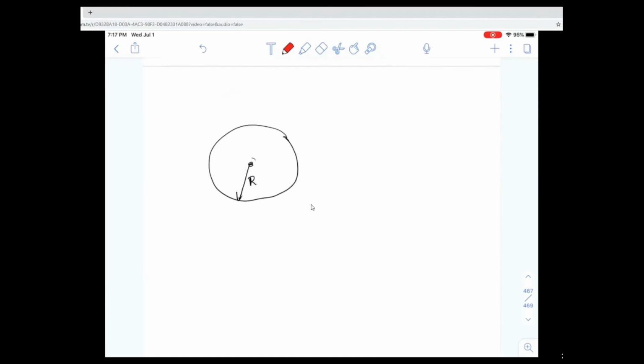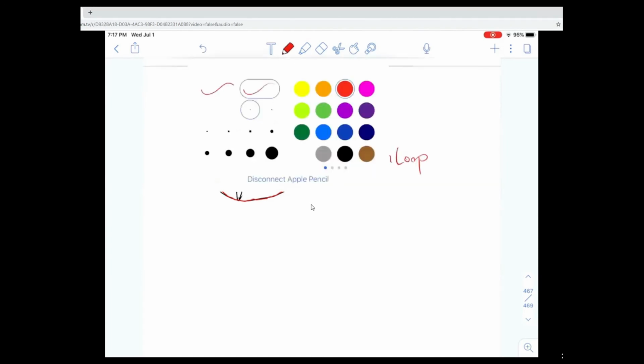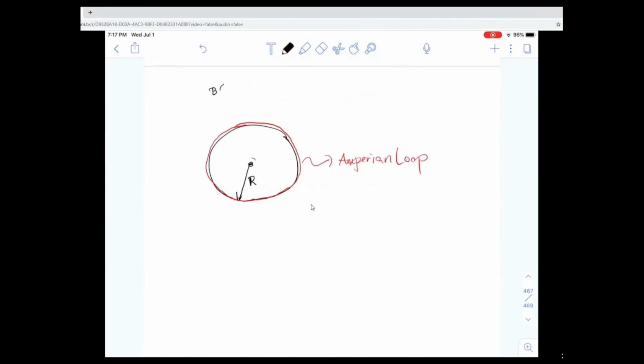And R is going to represent the radius of the wire. So what I'm going to do is I'm going to place my Ampere loop right here. All right, and we are looking for the strength of the magnetic field right at the surface. Okay, so we're looking for an expression for that one.